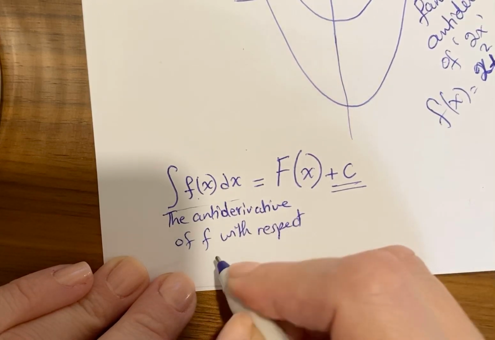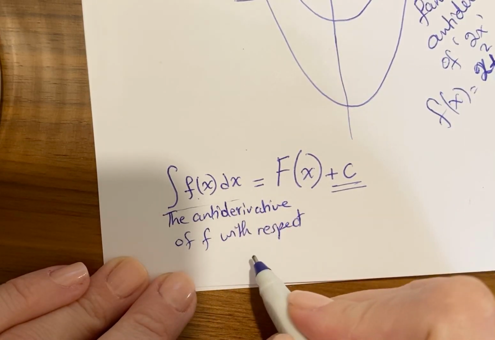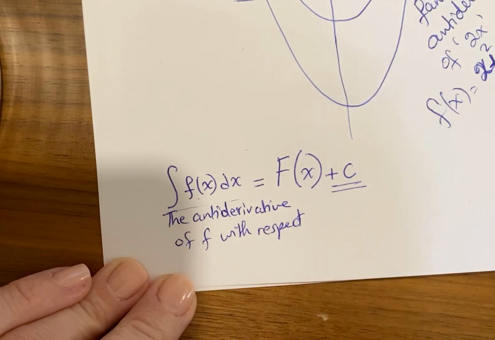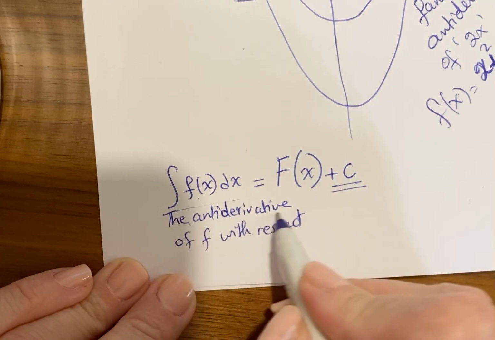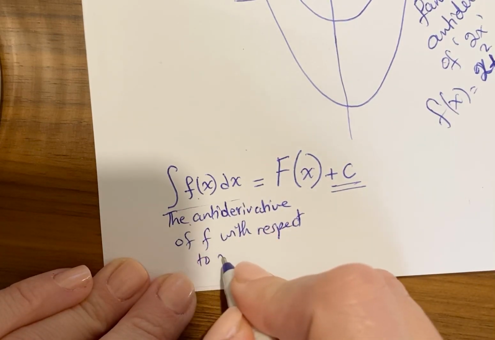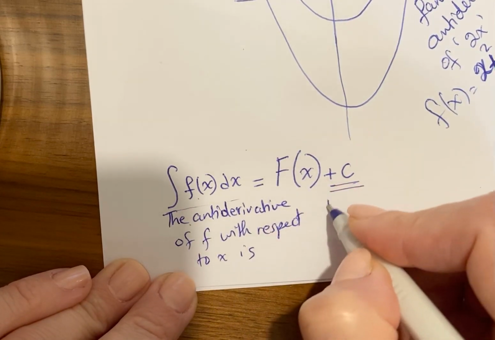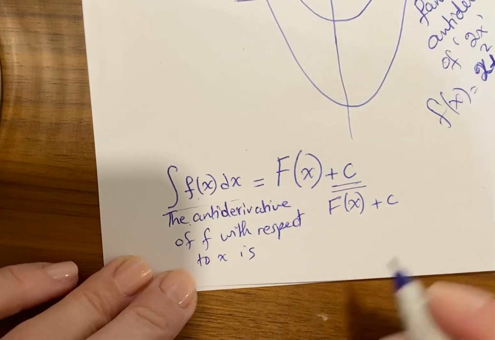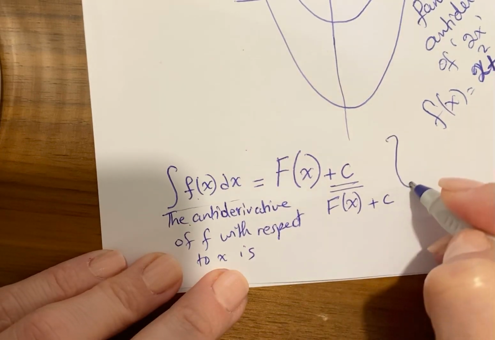What is the variable of differentiation? X. So the antiderivative of f with respect to x is capital F of x plus c. So what does that mean? When do we have this relationship?